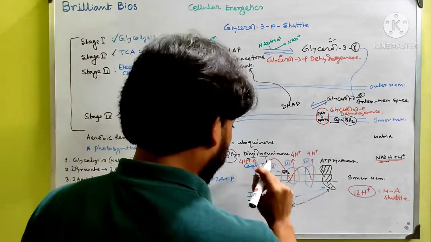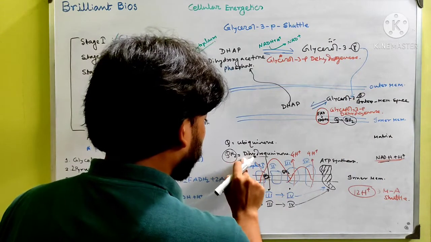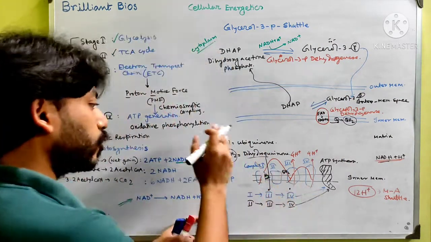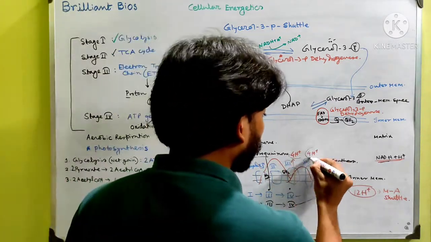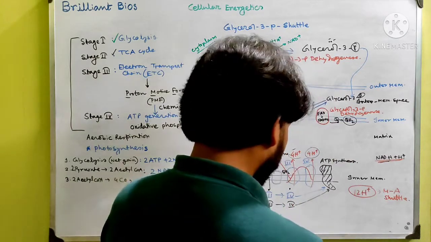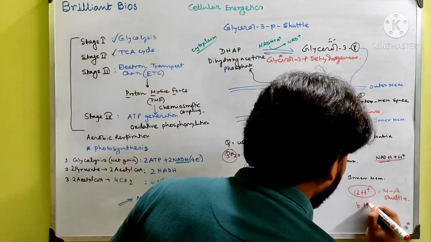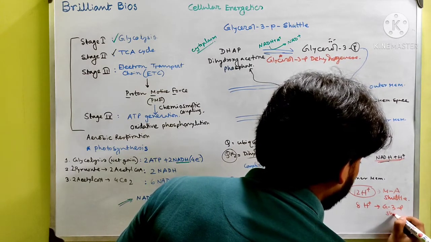So in the case of glycerol-3 phosphate, as complex 1 is bypassed, no hydrogen atoms will be released from complex 1, only 4 and 4, 8 protons will be released by this glycerol-3 phosphate shuttle.